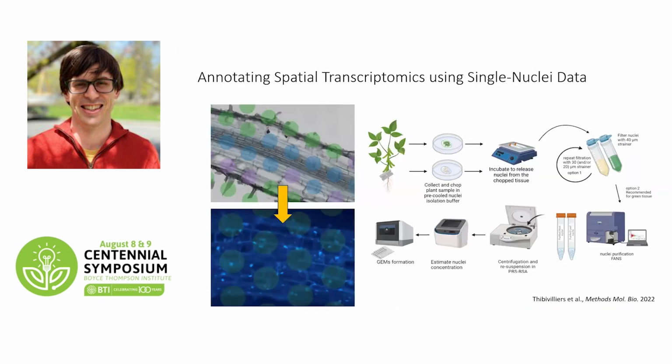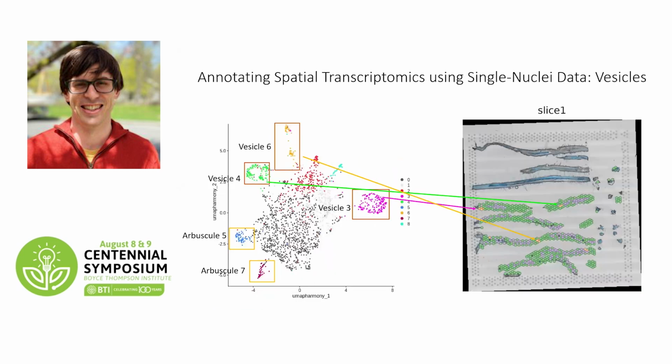If we want more statistical power, we can annotate using our single nuclei data. This is useful because these vesicles and spores have many more nuclei inside of them. So when you chop this up and sequence it, you get much higher statistical power, and you can actually get separation between some of these structures.